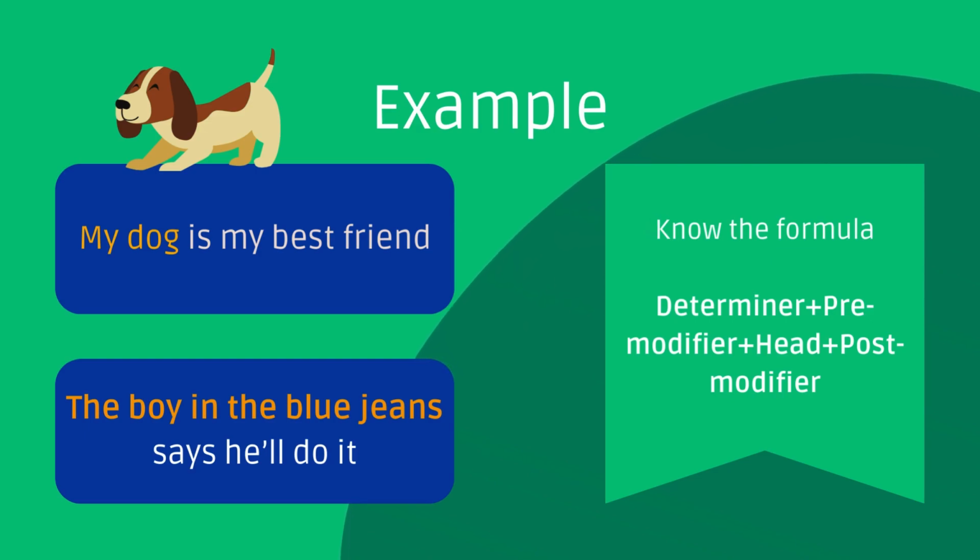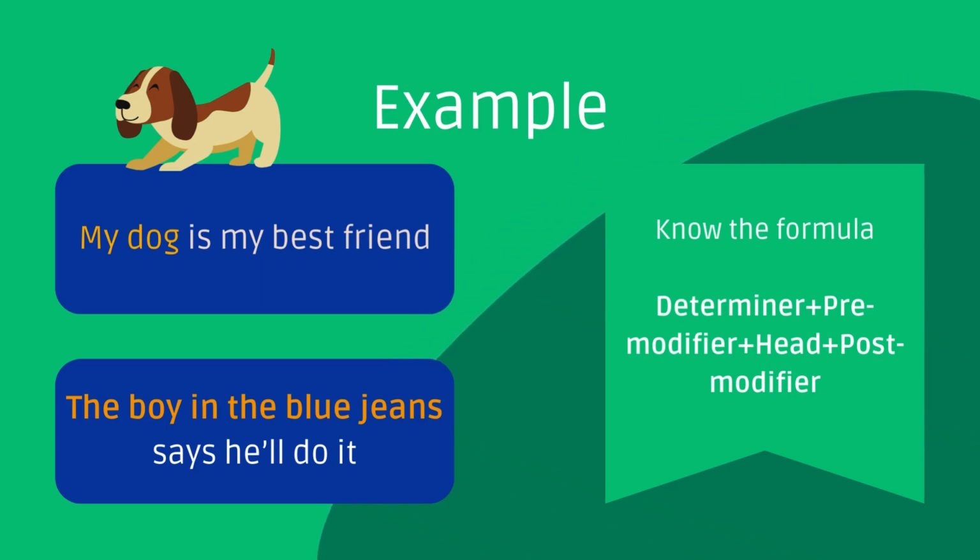The noun phrase is the boy in the blue jeans. This noun phrase can vary in complexity, from simple, like a cat, to more elaborate, like the fascinating book on the shelf, for example.